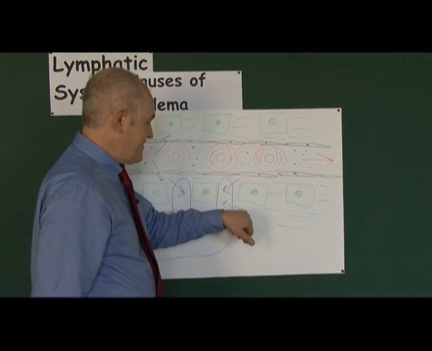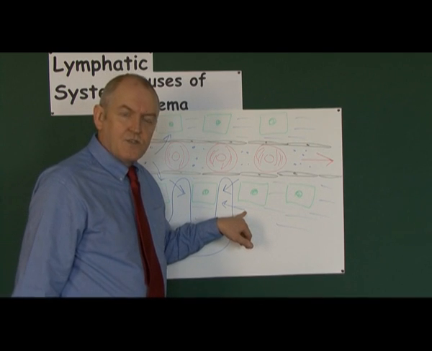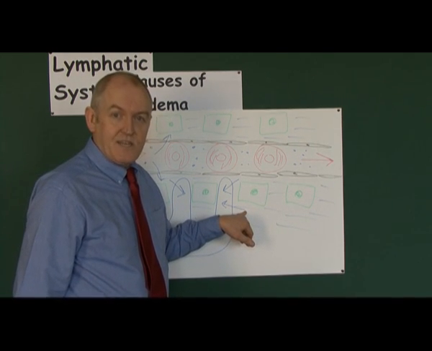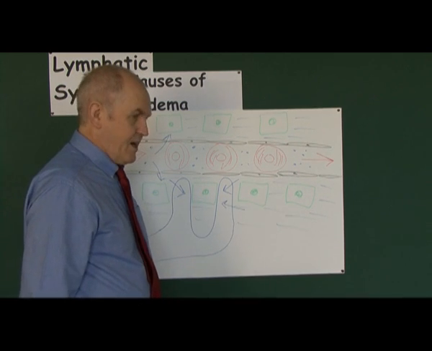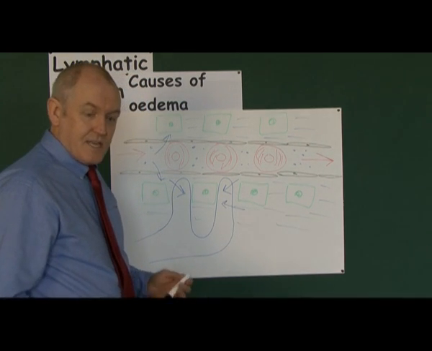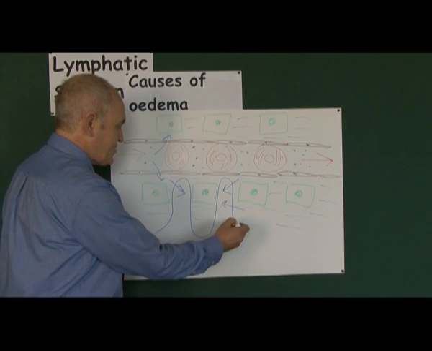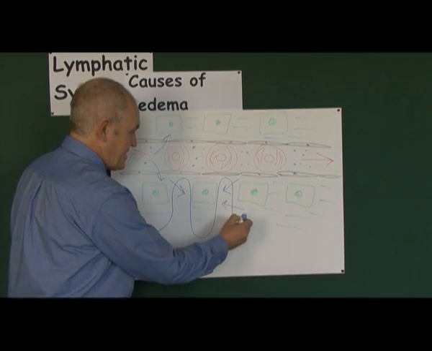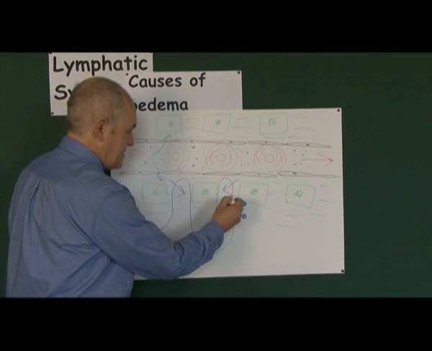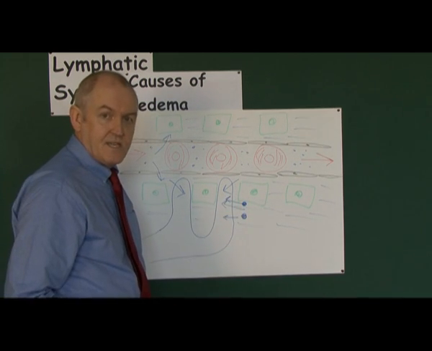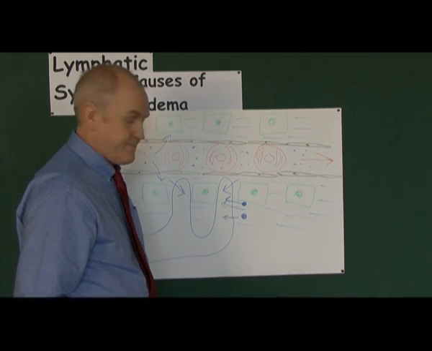So if proteins are left in the tissue fluid, that's going to increase the osmotic potential of the tissue fluid, meaning edema is very likely to occur. So it's absolutely vital that the lymphatics drain away any proteins which have escaped, so these proteins are not left in the tissue spaces.